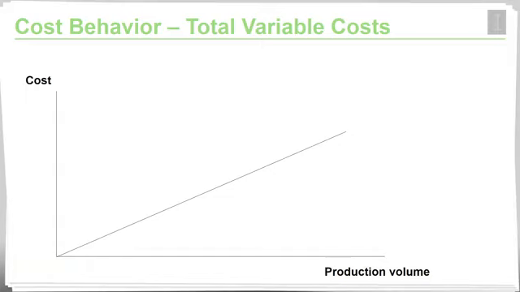Now, examples of variable costs would be things that we've talked about before, direct materials and direct labor, meaning that we would incur higher levels of material costs and labor costs as we produced more. This is because these costs will be correlated with our activity of interest, the production volume.